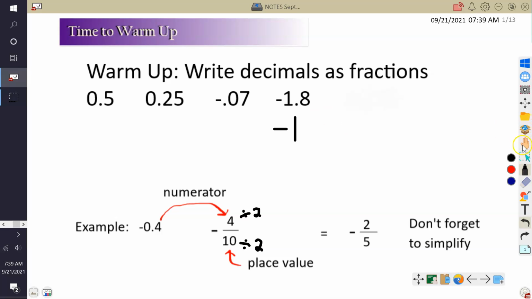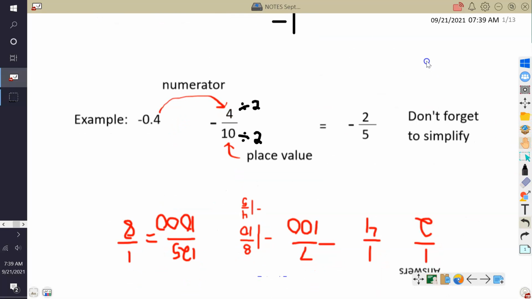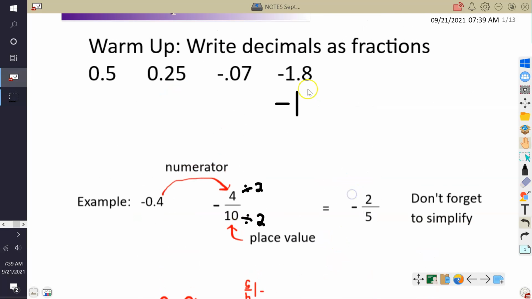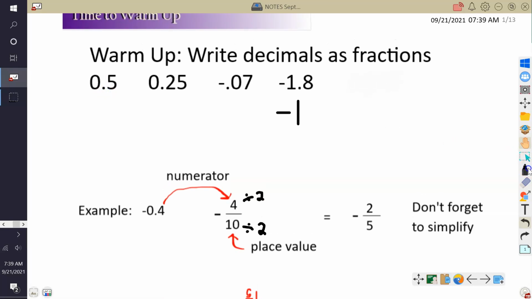Okay, I think we're back here, and here are our answers upside down. So how about I just write them right side up? These two we're familiar with pretty well. So 0.5 is 1/2, and 0.25 is 1/4. And then we have a negative sign, we'll just keep that, and this is 7/100.